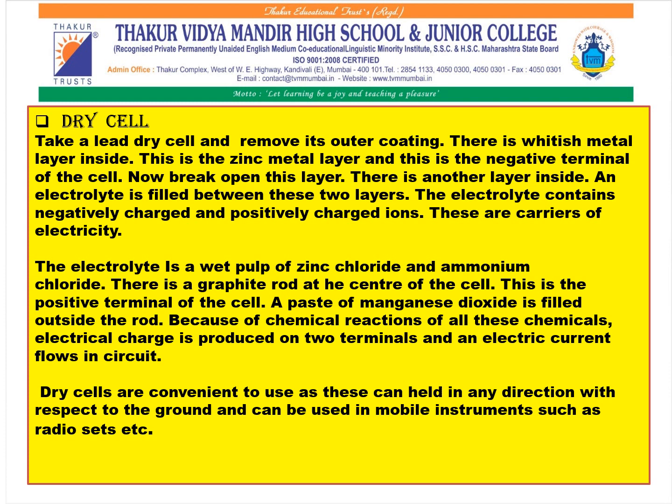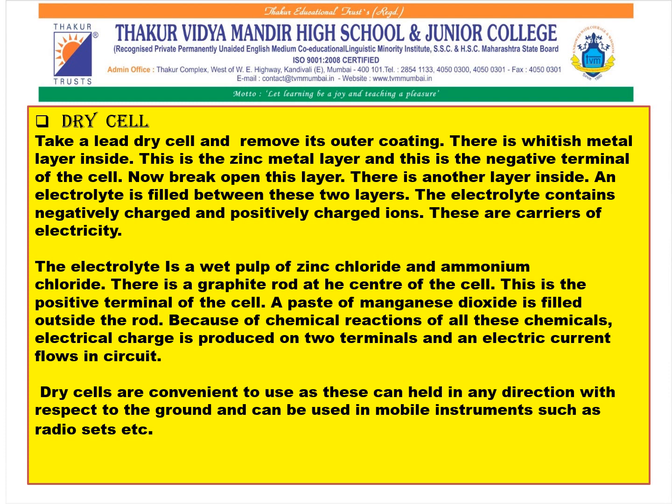Now there is a graphite rod at the center of the cell. This is the positive terminal of the cell. A paste of manganese dioxide is filled outside the rod, and because of the chemical reactions of all these chemicals, electric charge is produced on the two terminals and an electric current flows in the circuit.